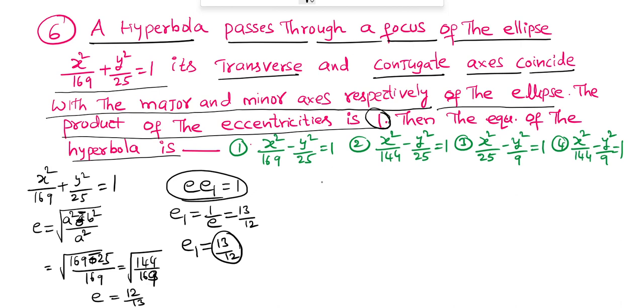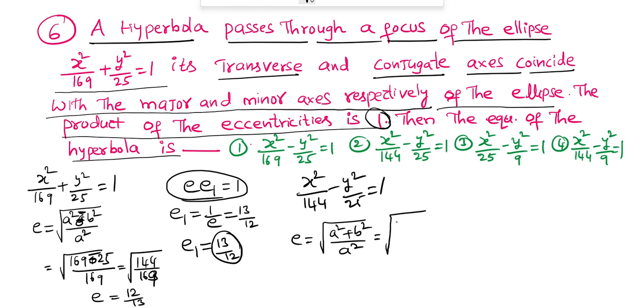First I go to the second option, which is x square by 144 minus y square by 25 = 1. This is a hyperbola. Eccentricity E is equal to square root of a square plus b square by a square.